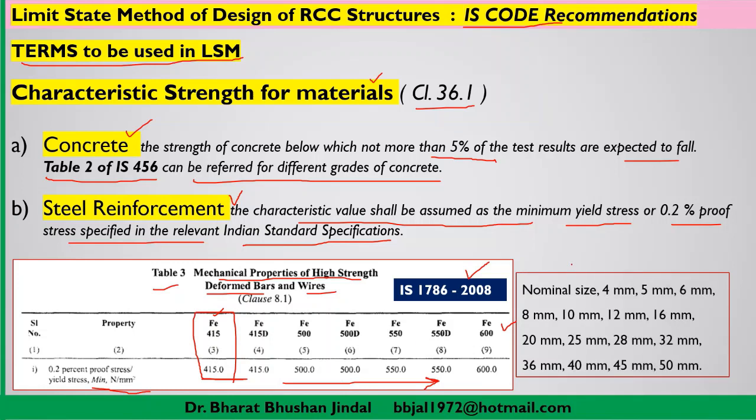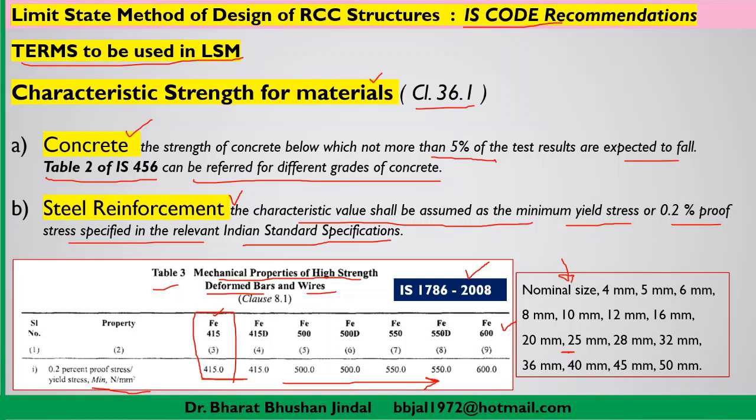Another important thing you have to take into account is the nominal size of the reinforcement bars available as per the code. These are the diameters of the bars which you are going to take into consideration while designing: 4 mm, 5 mm, 8 mm, 10 mm, 12 mm. Earlier there was a 22 mm diameter bar also, but they have removed it in the latest revision of the code. I'm not going into detail about the various revisions.